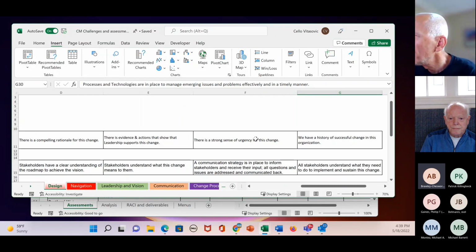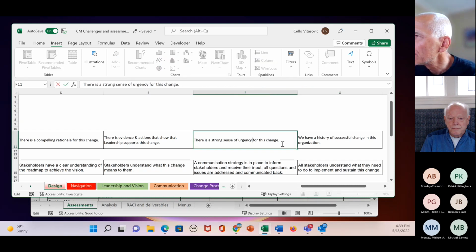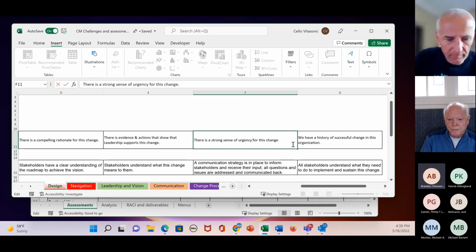It seems a little ambiguous to me. Okay. What would you think would improve it? Well, if this is in the category of leadership, I would say maybe there's a strong sense of urgency among leadership for this change or something like that. Yeah, that could work.